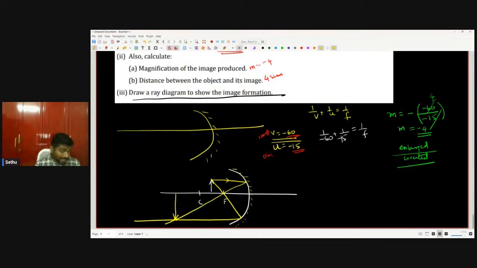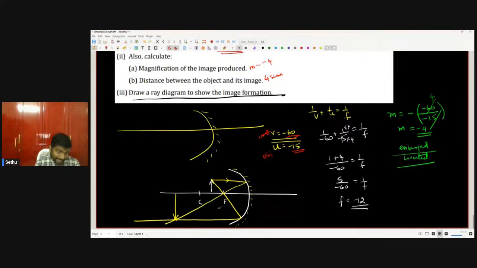Now from the ray diagram, you know that the object has to be between C and F. So let us do a quick check. Let me calculate the focal length first, and then check whether the object is placed between the center of curvature and the focus. 1 plus 4 divided by -60 must be 1 by F. 5 by -60 must be 1 by F. So F must be -12, since 12 fives are 60.